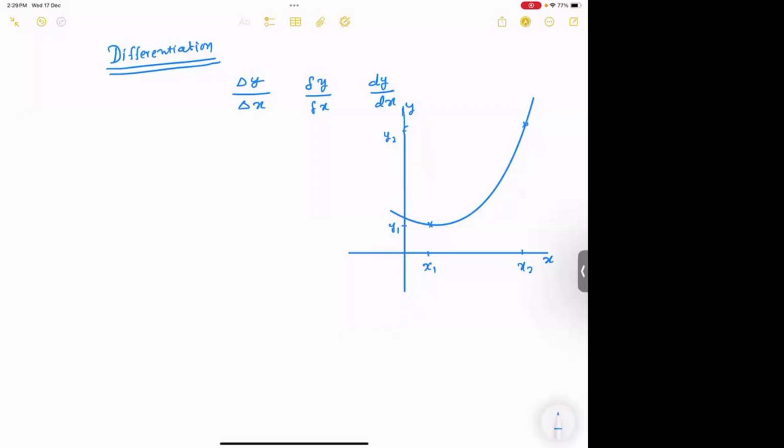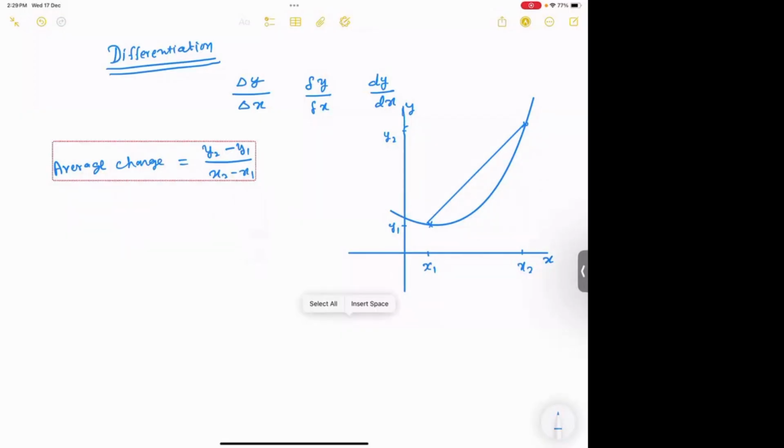So if we join these 2 points by a line, this gives us average rate of change. That is y2 minus y1 upon x2 minus x1.